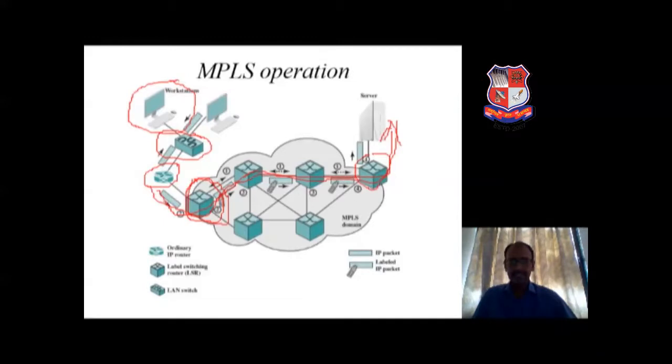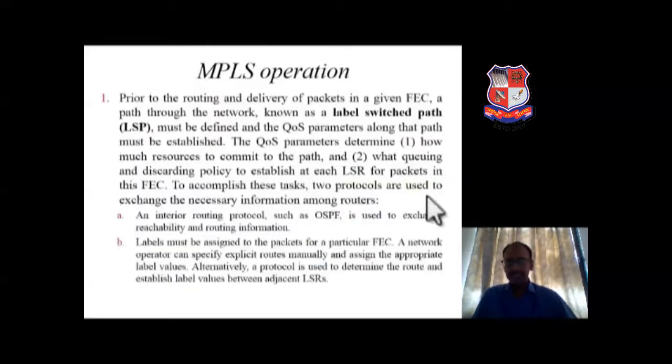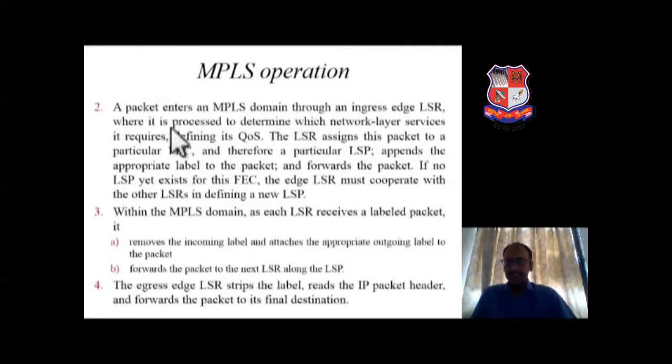And what is their functionality? Quickly we will go through this. You can already read this PPT, but there are some important points which I would like to highlight here. A packet enters an MPLS domain through an ingress edge LSR. So packet has entered that ingress edge LSR, where it is processed to determine which network layer services it requires, defining its QoS.